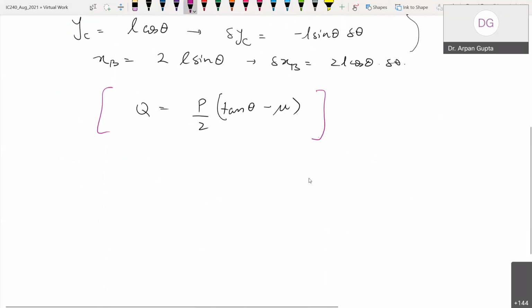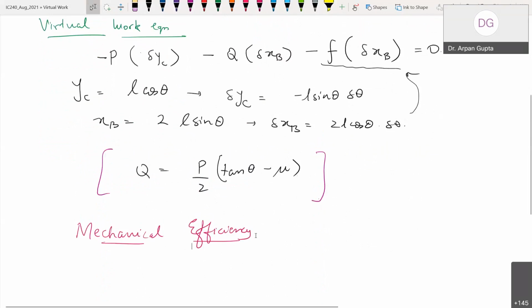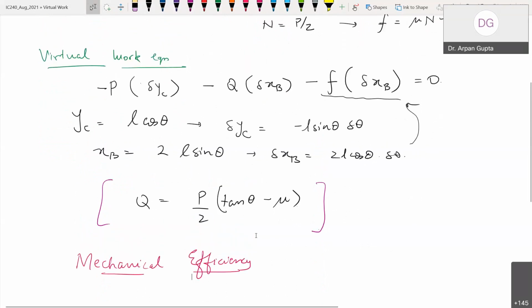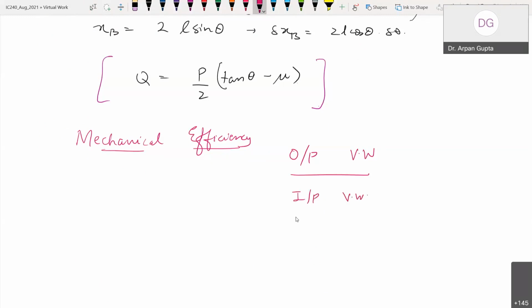But now here, another thing that we can calculate is what is called the mechanical efficiency of the system. As you know, efficiency is output divided by input. So here we are basically concerned with the output work, and to be more specific, output virtual work divided by input virtual work.